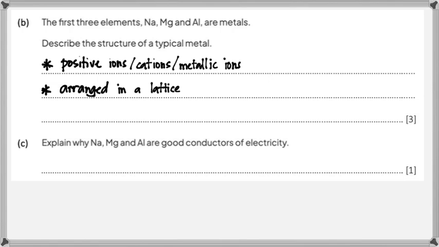One more thing is that since it is a metal, we have a sea of delocalized electrons. A sea of electrons will do for this one. Please take note that metal atoms lose their outer electrons to form positive ions.